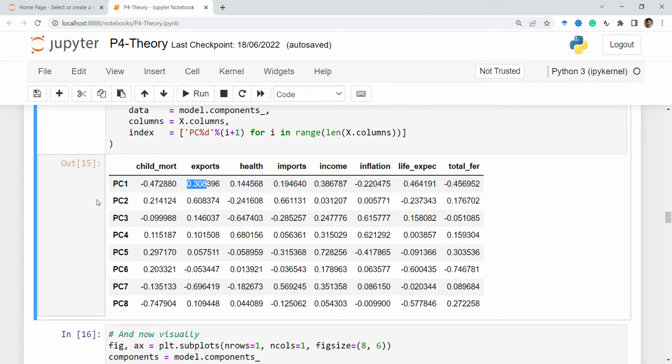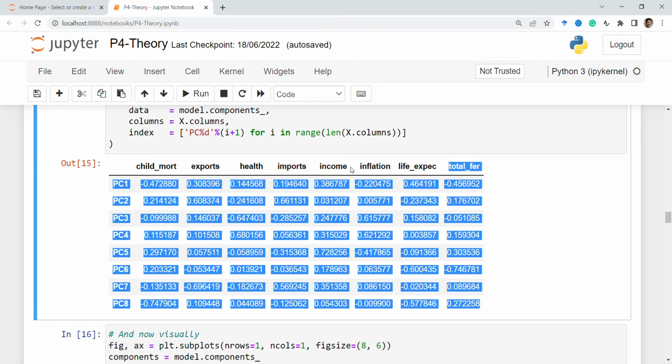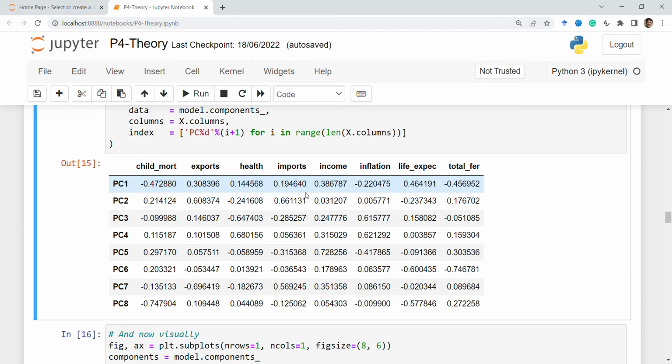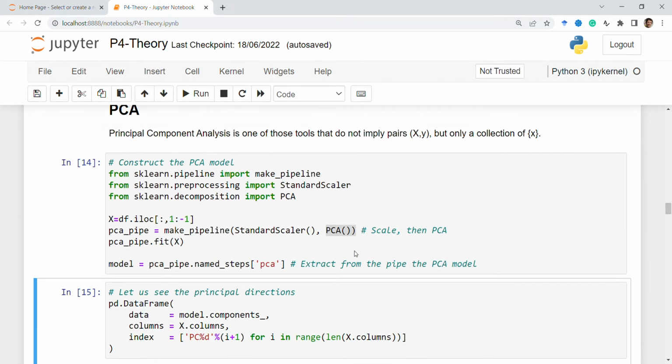So we have to understand a principal component. We need to see which are the big coefficients and which are the signs of the big coefficients. So the largest coefficients here are child mortality, life expectancy, and total fertility, and maybe income. The other ones, let us consider them as smaller. So we already saw that child mortality, life expectancy, and total fertility are related variables. They contain the same kind of information, even in a very linear way.